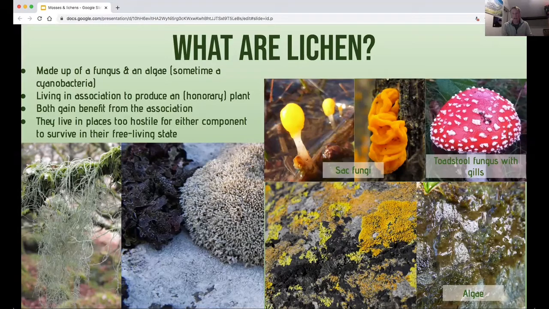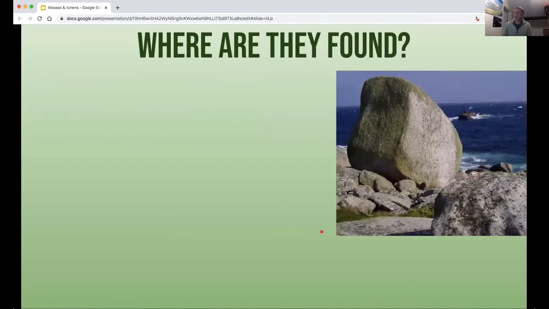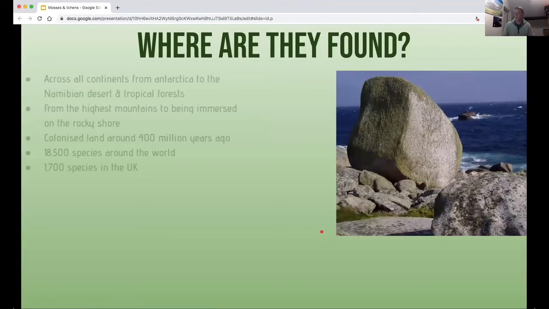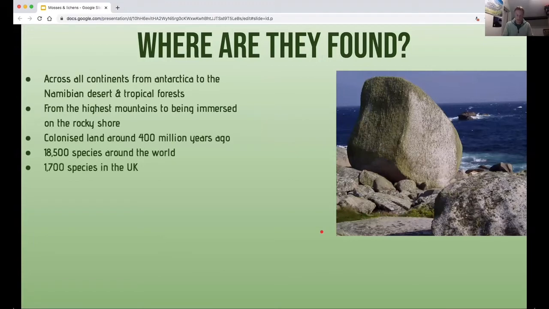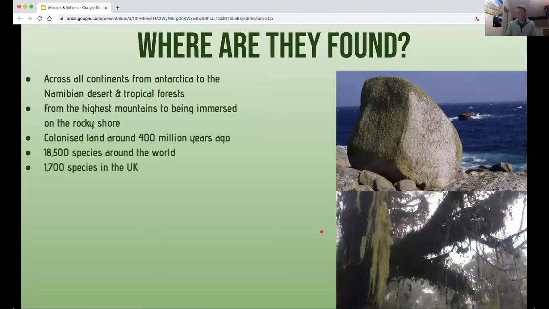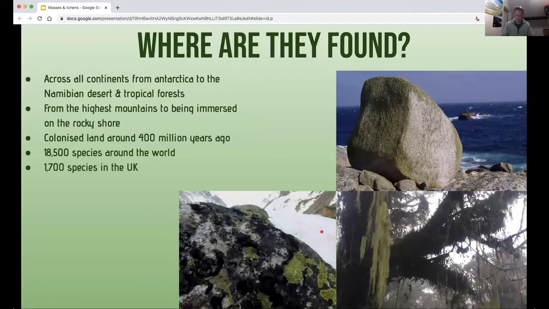They cover about 8% of the entire world surface and about 8.5% of all plant life, so they're really quite significant, and very, very diverse. They are found across all the continents, from Antarctica, tolerating the bitterly cold conditions, through to the droughts of the driest deserts in the world, from the highest mountains to the tropics, and even into coastal waters.